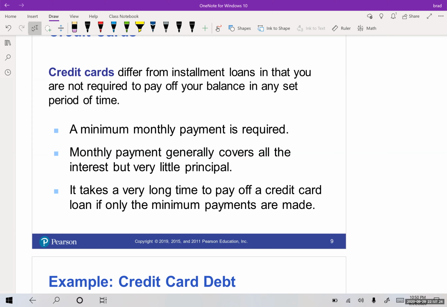So this is something to keep in mind. Let's say you owe $10,000 on a credit card, your monthly payment might be $400 or $500, but that's probably just the interest. So let's say you pay $500 on your credit card on a $10,000 credit card loan, but let's say the interest was $475.